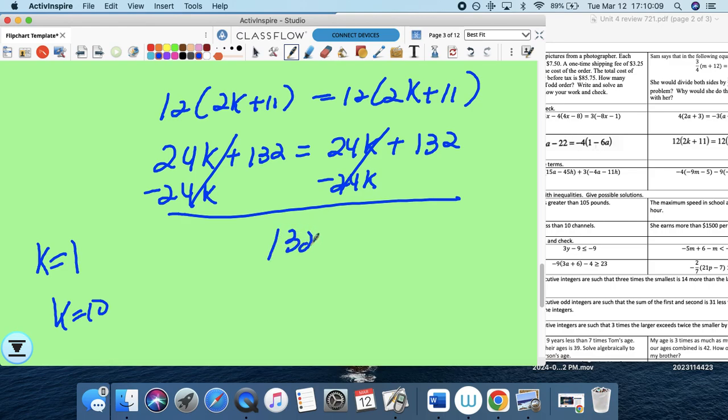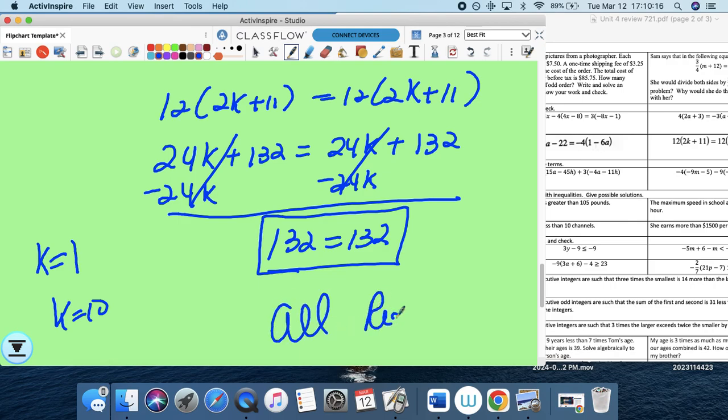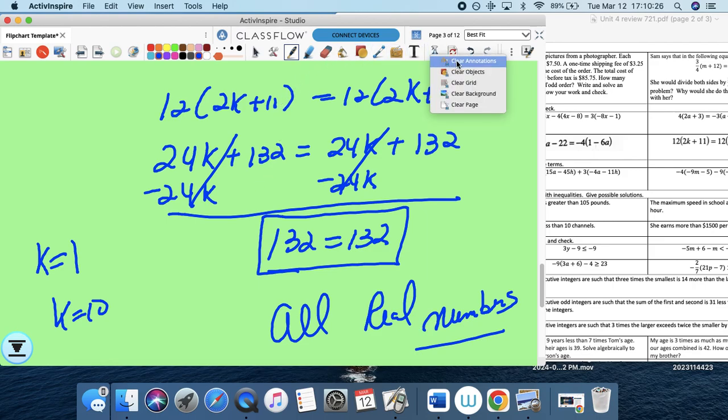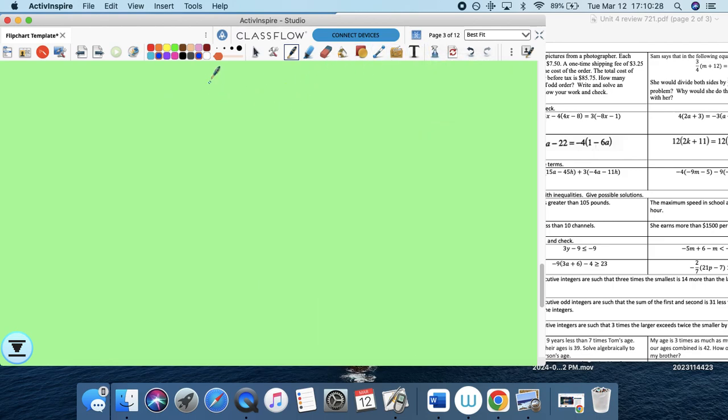We get 132 equals 132. It's telling us that this one is all real numbers. K could be any value in this world. The left side will be equal to the right side. Okay. Combine like terms. So there's one silly question on combining like terms.